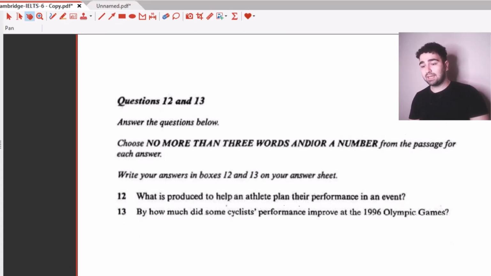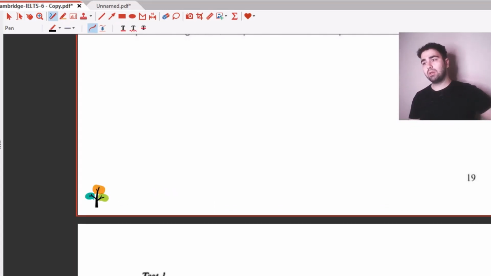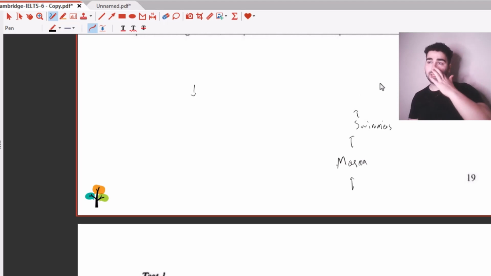And the next is, what are the things that I remember from the passage? For example, right now I remember the things that I read. For example, some word called Mason, and also I think about swimmers. I know that Australia has done lots of things in this field.